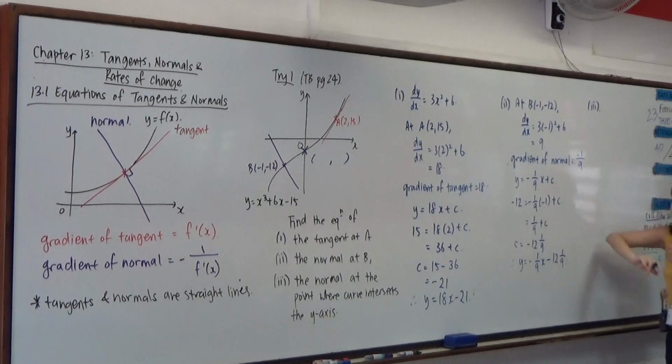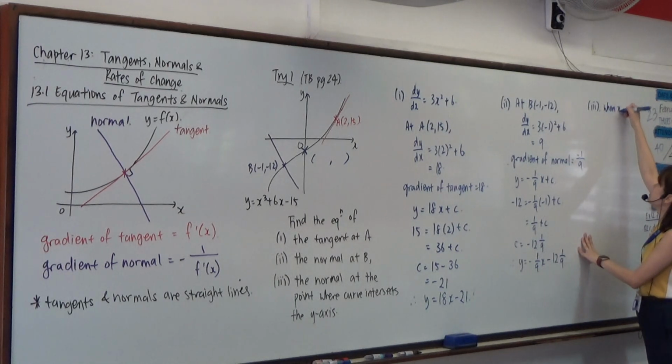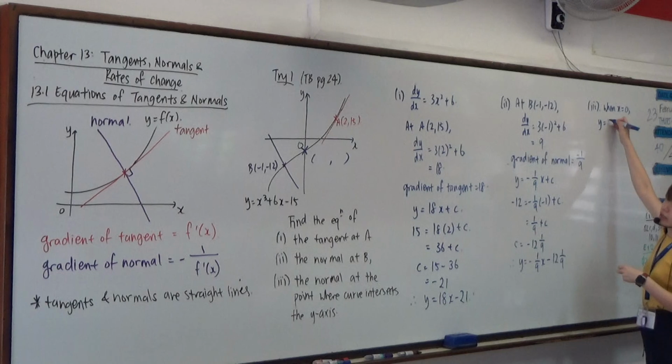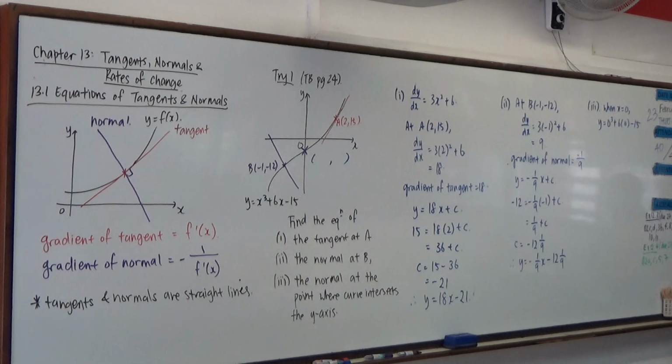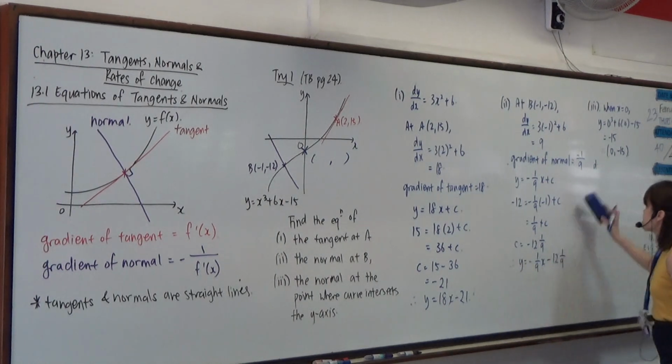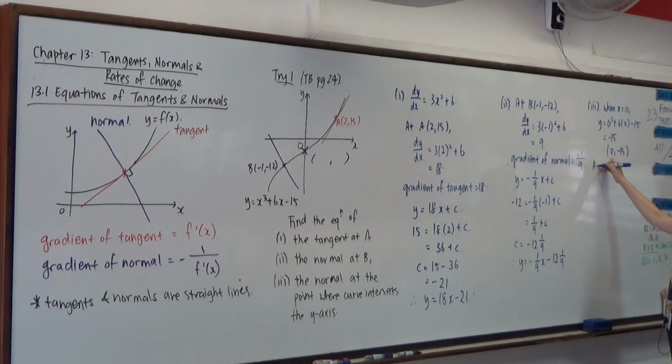Since it is intersecting the y-axis, that means your x is equals to 0. In other words, y equals 0 cubed plus 6 times 0 minus 5. Because we're looking at the curve and the y-axis, we use the curve equation. Therefore, the intersection point is (0, negative 5). Then I need to find out the gradient of the tangent first, which is dy over dx.